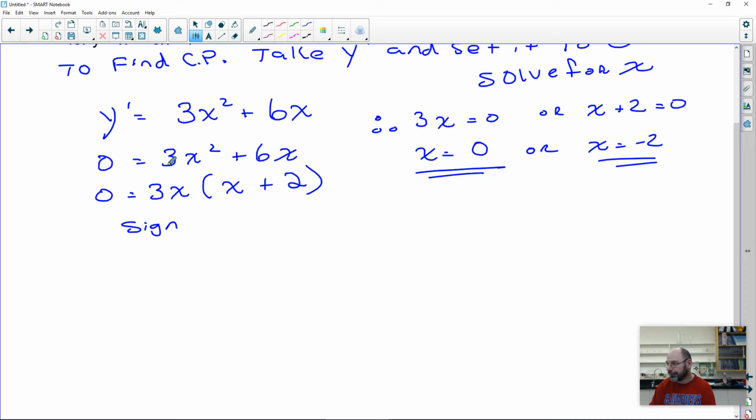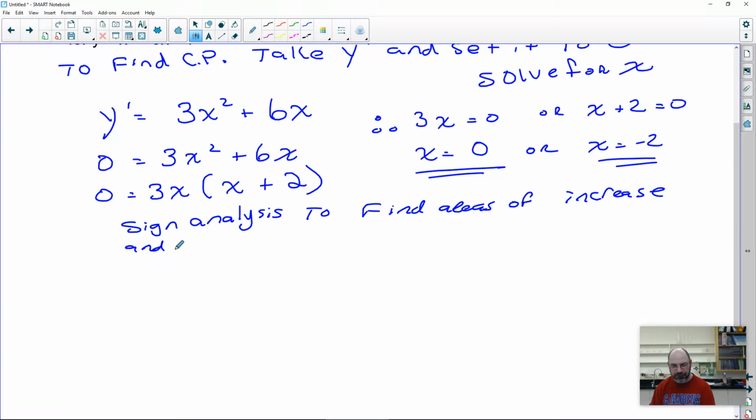Sign analysis to find area of increase in the graph, which means it's going upwards from left to right, and decrease, which means it's going downwards from left to right. So how we do that is pretty simple.